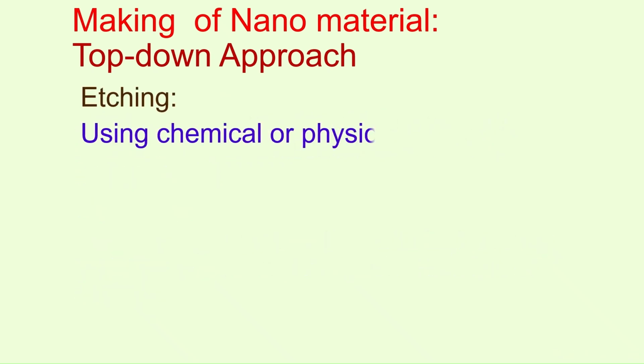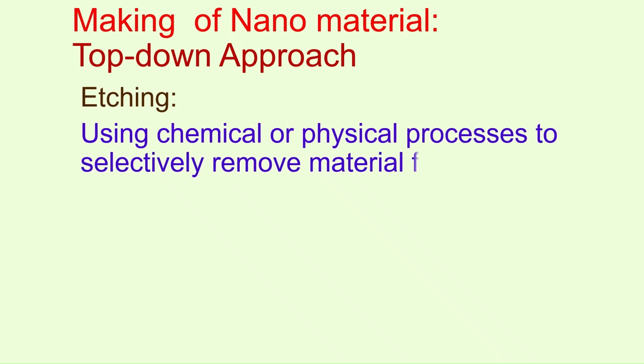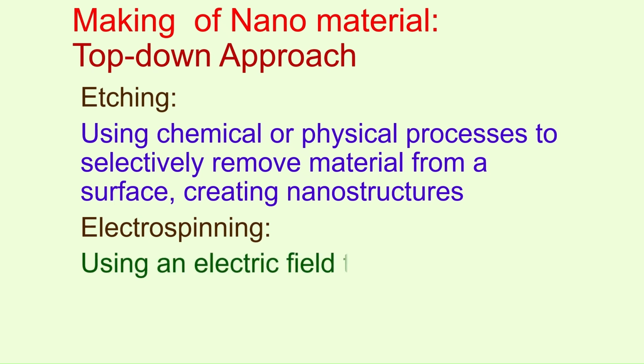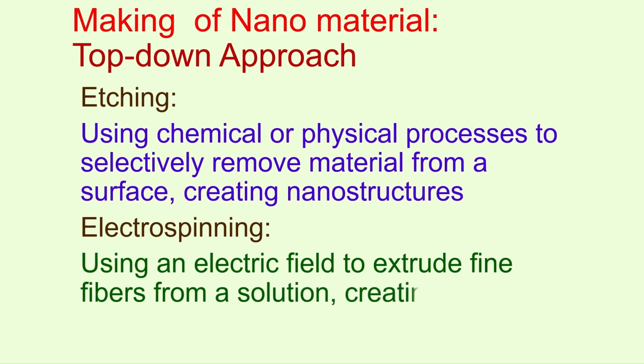Etching. Using chemical or physical processes to selectively remove material from a surface and creating nanostructures. Electrospinning. Using an electric field to extrude fine fibers from a solution, creating nanofibers.